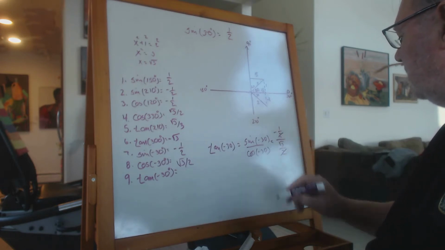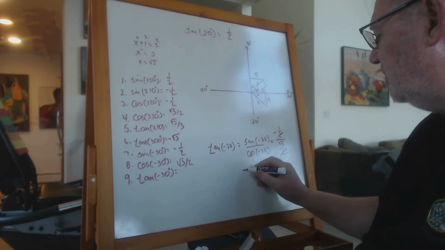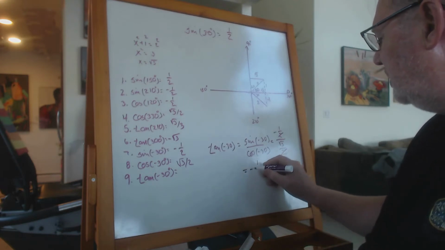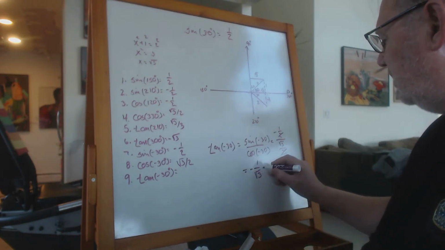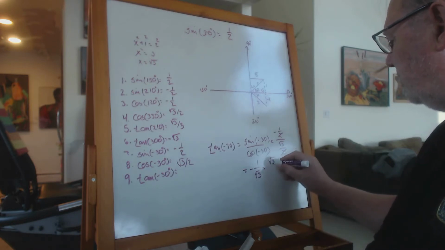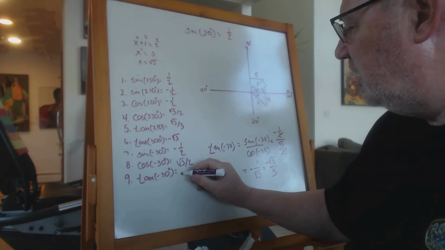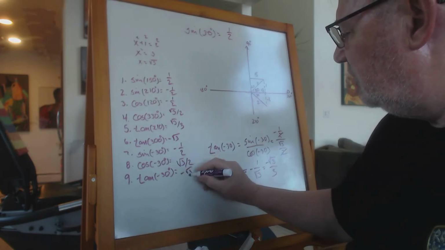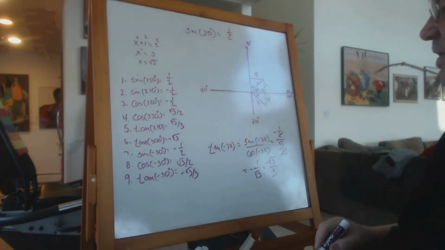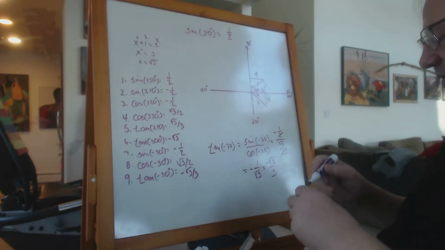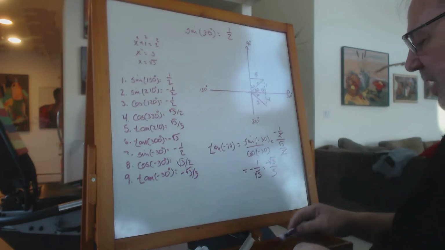Those go out, and that's equal to minus 1 on the square root of 3, or square root of 3 on 3, negative sign. So that's minus square root of 3 on 3. And so we have them all solved.